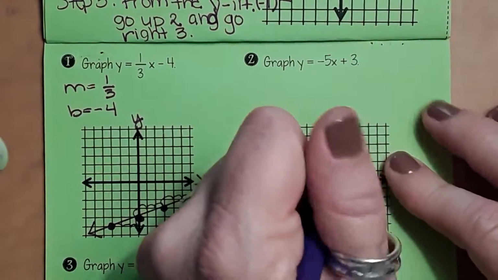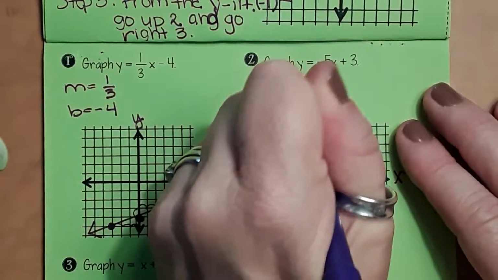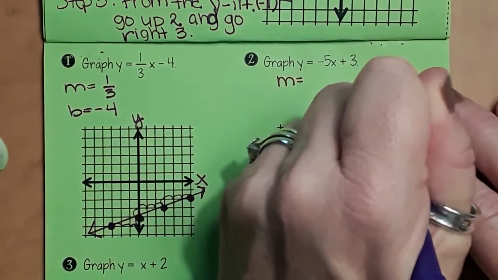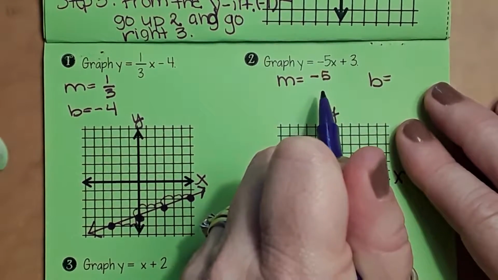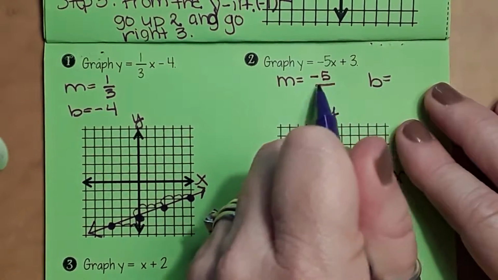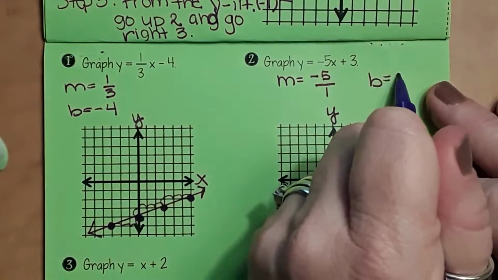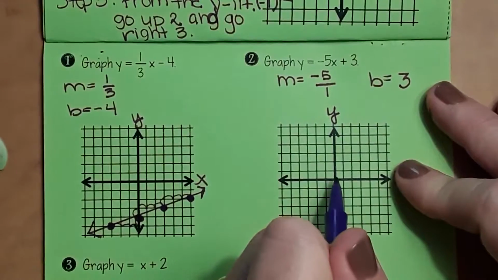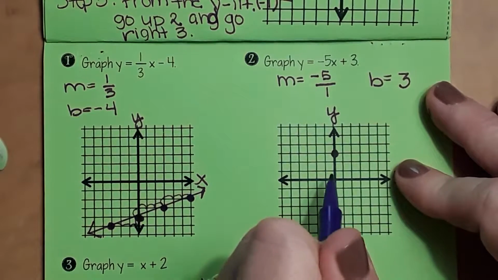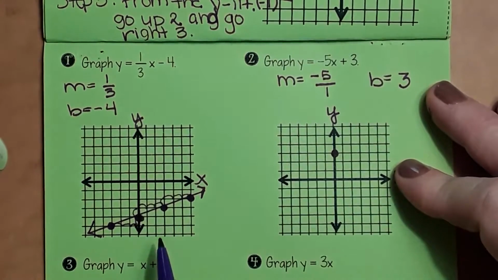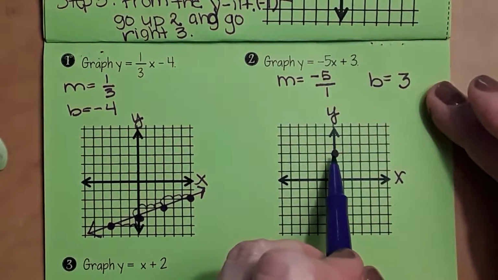All right, let's look at number 2. I'm going to label our y and x-axis again. Locate or identify your m and your b. My m in this case is -5. I'd like to have it as a ratio or a fraction, so I'm able to put a 1 on the denominator, and it remains as -5. And my b is 3, starting at +3. 1, 2, 3. It's a negative slope, so I'm going to go opposite from number 1. So I'm going to go down and to the right or up and to the left.